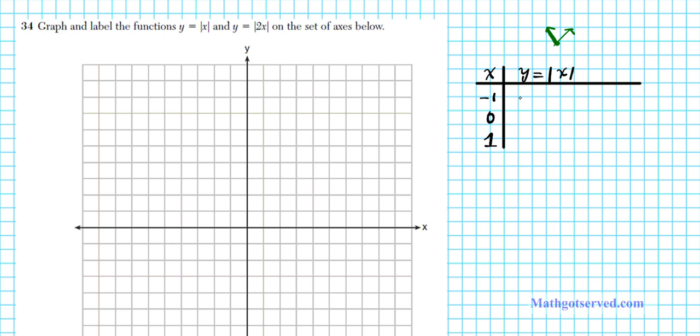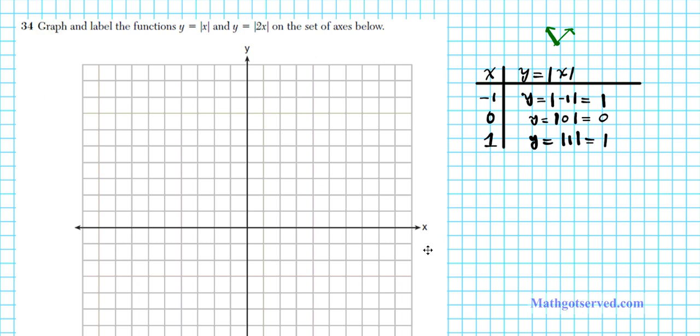For -1, y is the absolute value of -1, which is 1. For 0, y is the absolute value of 0, which is just 0. And for 1, y is the absolute value of 1, which is just 1.